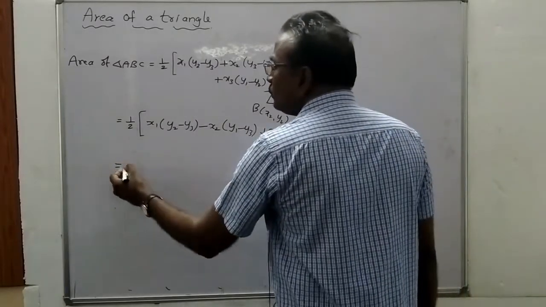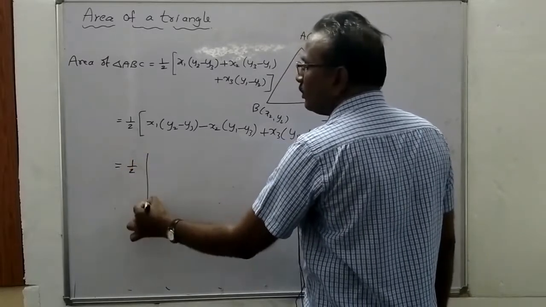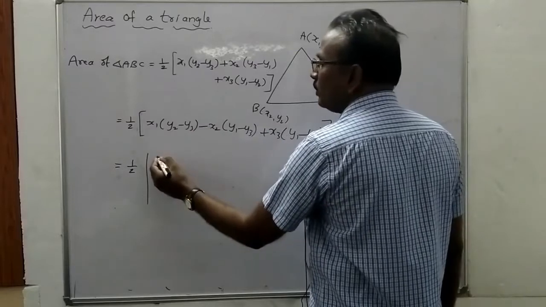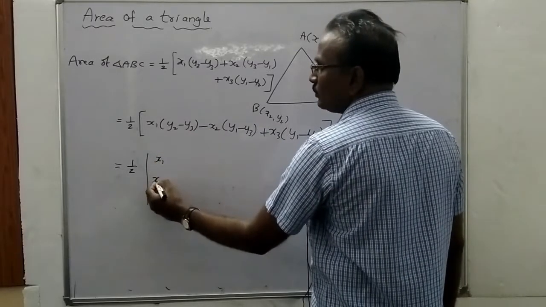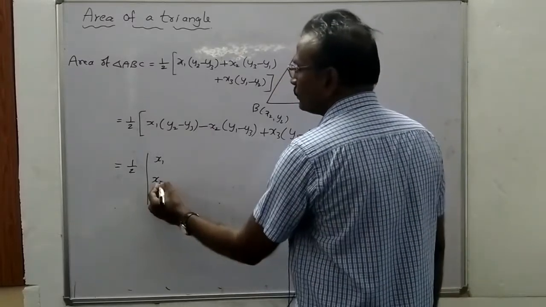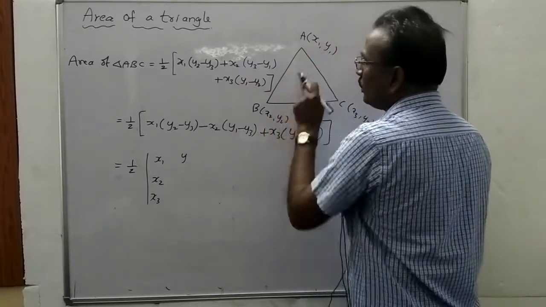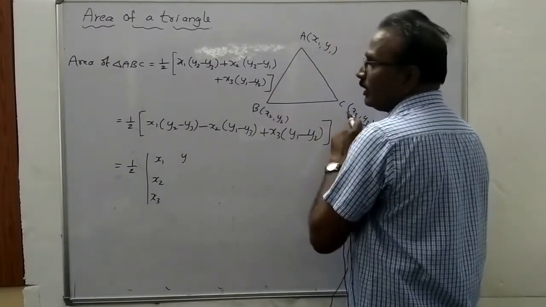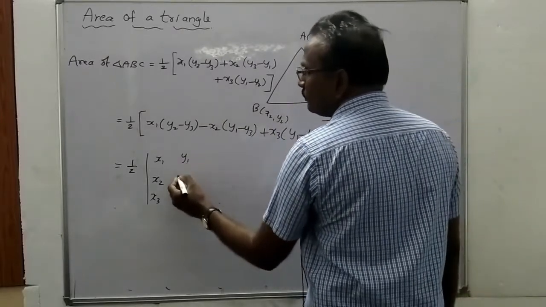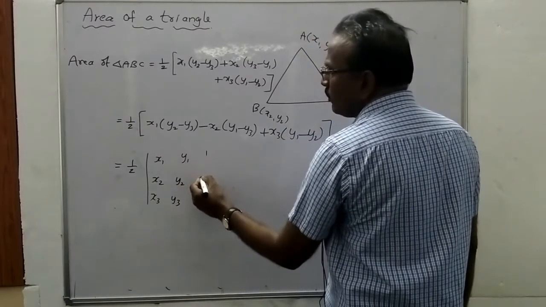This also can be written in determinant form as half into the determinant with x1, x2, x3, that is, the x coordinates in the first column, y1, y2, y3 in the second column, and the third column is 1, 1, 1.